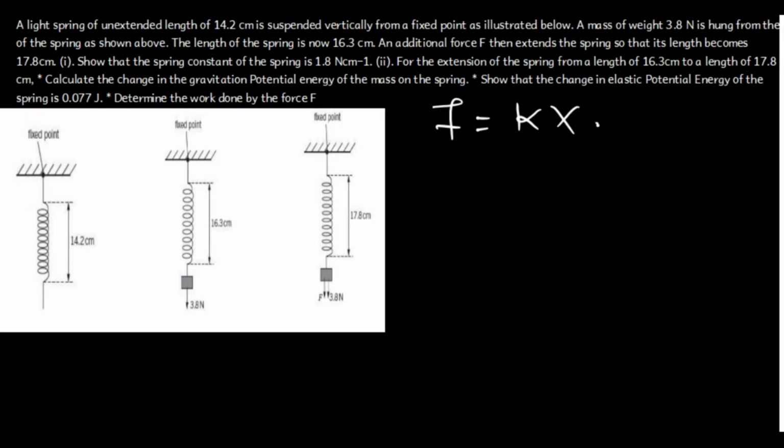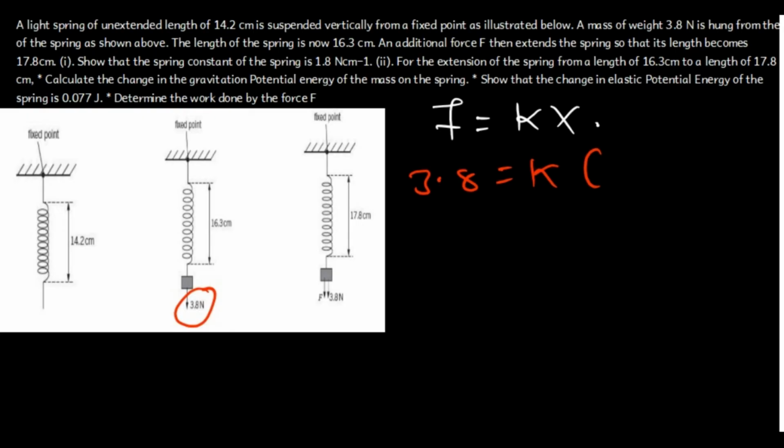Okay, so now we have been given the force already. The force is 3.8 newtons. So we're going to put 3.8, which has to be equal to k times the displacement x.